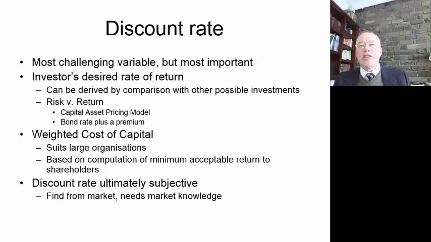The most formal presentation of that in finance is a rather elegant method for relating different investment opportunities, and that gives rise to what's known as the capital asset pricing model.